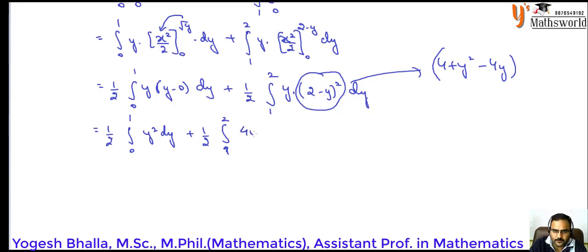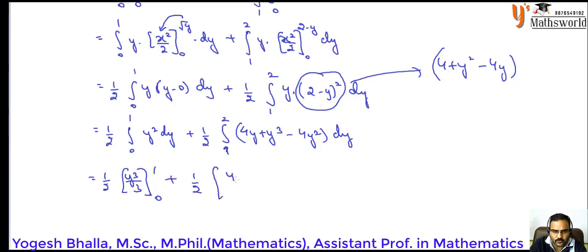So it will be 4y plus y cube minus 4y square dy. Its integration will be 1 by 2, y cube by 3 within the limits 0 to 1, plus 1 by 2, 4y square by 2 plus y to the 4 by 4 minus 4y cube by 3 within the limits 1 to 2.